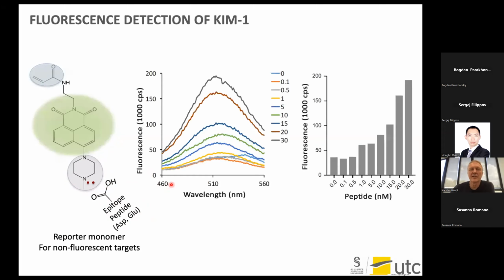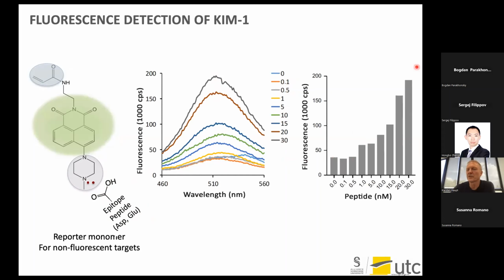And as you can see here, with increasing concentration of peptide, we have increasing intensity of the fluorescence signal, starting at below nanomolar concentrations up to 30 nanomolar.